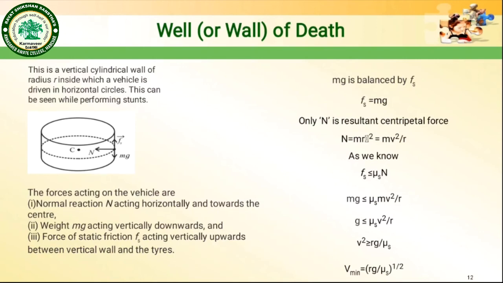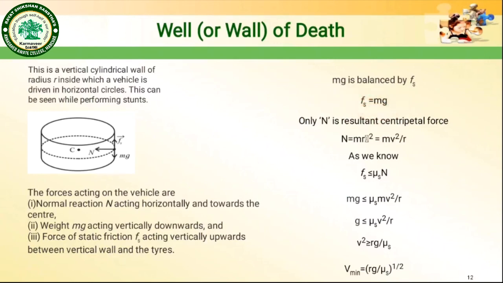Number 1, the normal reaction N acts horizontally towards the center. Number 2, the weight mg acts vertically downwards. And finally, the force of static friction Fs acts vertically upwards between the vertical wall and the tires. mg is balanced by Fs, so we can write Fs is equal to mg.